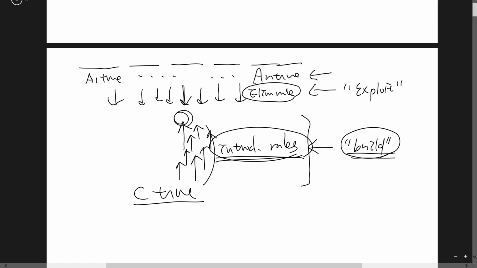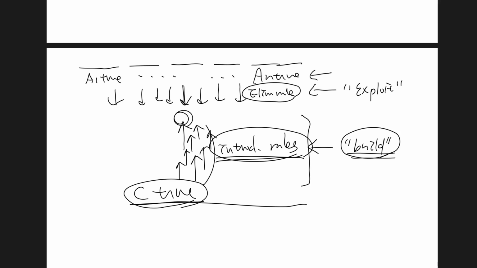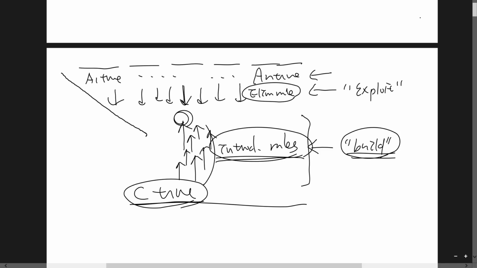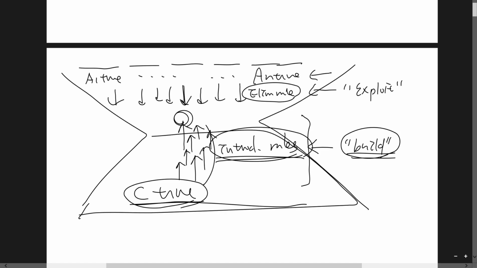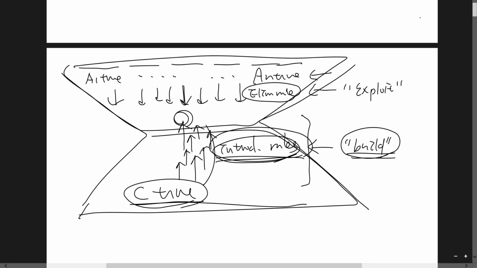So we can imagine that the construction of a proof for this judgment C true without introducing any detour would look like an hourglass, where the lower half consists of introduction rules, and the upper half consists of applications of elimination rules, starting with these hypotheses.